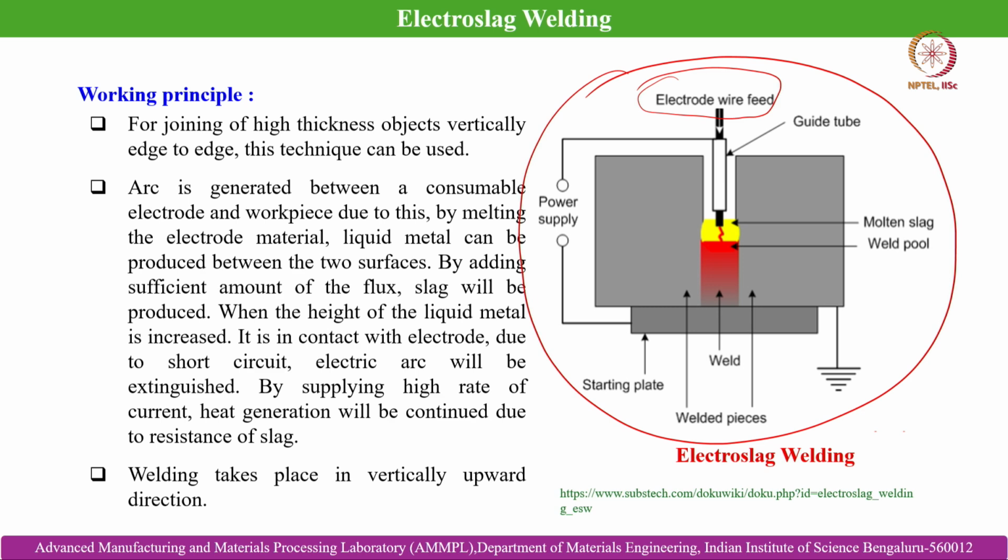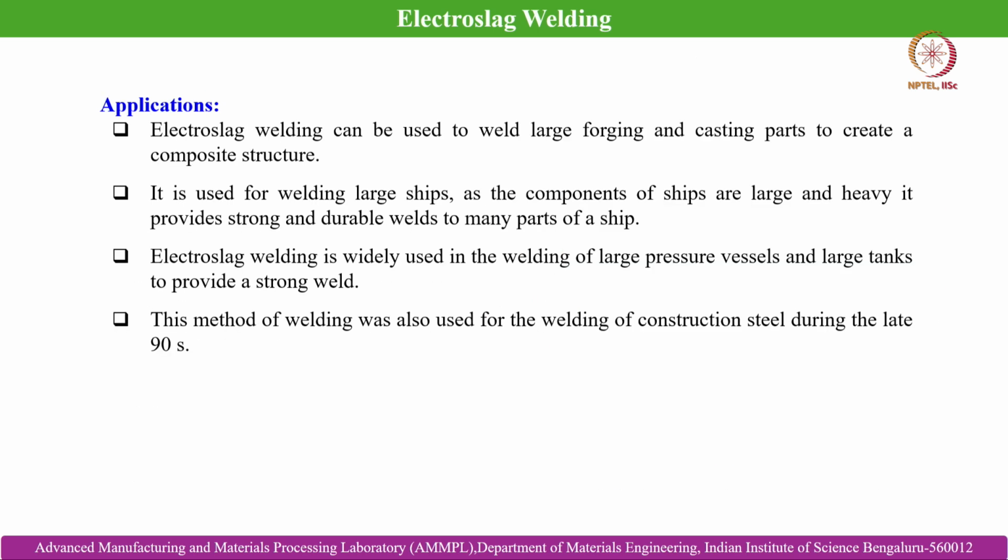So, although the arc experiences a temporary extinguishing, it does not cause sudden cooling of the joint and associated hot cracking or defect formation. So, here welding can take place in a vertically upward direction, and that is why it is very much effective for naval applications and also pressure vessel applications.